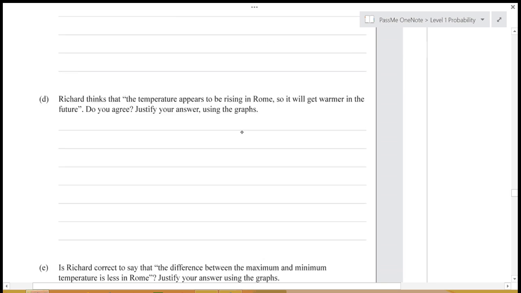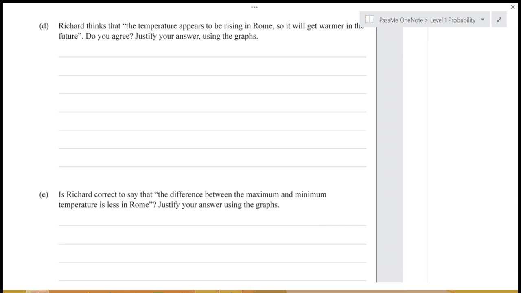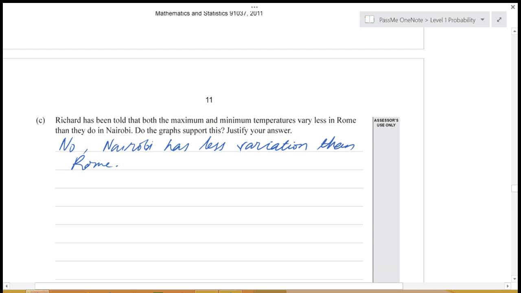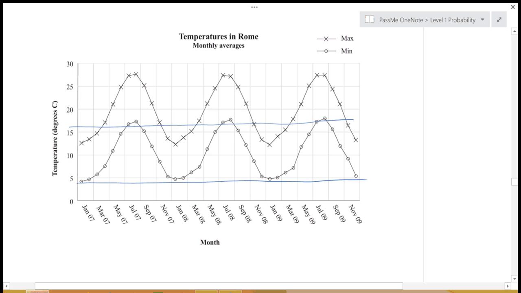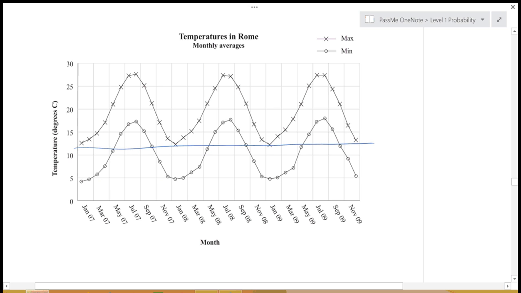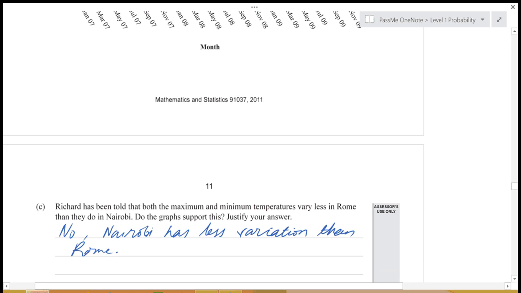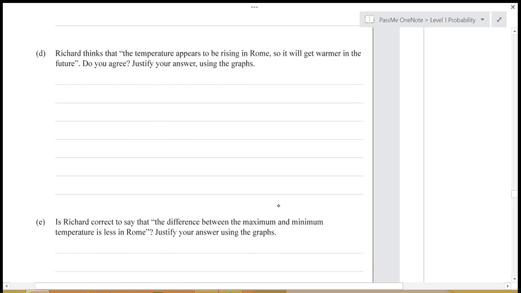Going on to question D, Richard thinks that the temperatures appear to be rising in Rome, so it will get warmer in the future. Do you agree? Well, if we look at the minimums, they're not changing. If we look at the tops of the minimums, they're not really changing. Looking at the bottoms of the maximums, no, they don't seem to be changing. Tops of the maximums, no, there's really no change there, so it's totally not justified.